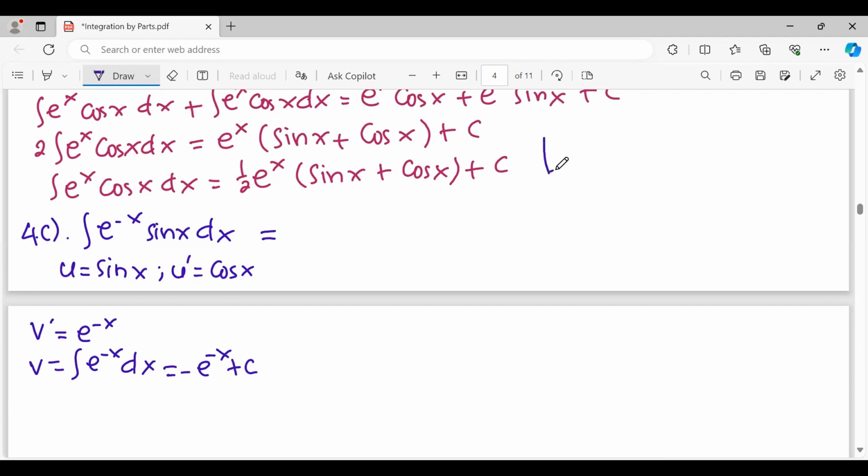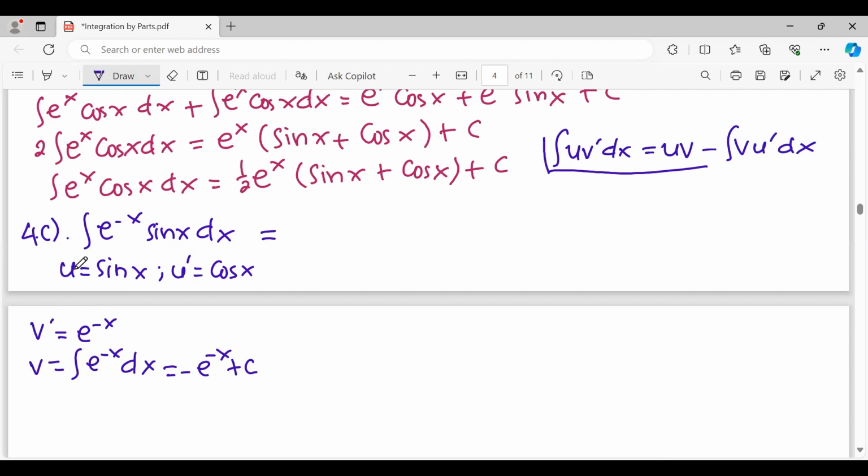Just a reminder that the integral of u times derivative v is u times v minus the integral of v times derivative u. Yeah, like that, the formula.